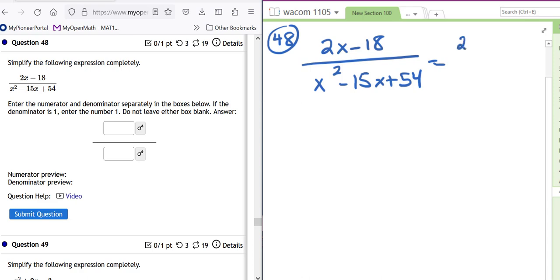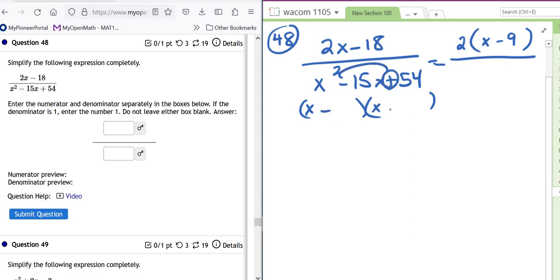So we can take out a 2, and this leaves x minus 9. All right, your denominator is a trinomial, so we'll try to do it this way. This says do like signs, both minus. And 54, 9 and 6 pop in my head. That multiplies to give 54, and it adds to give 15.